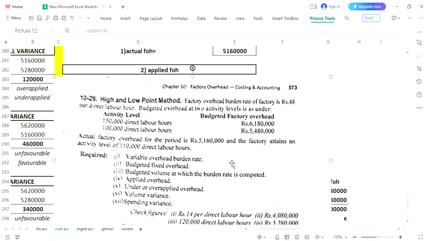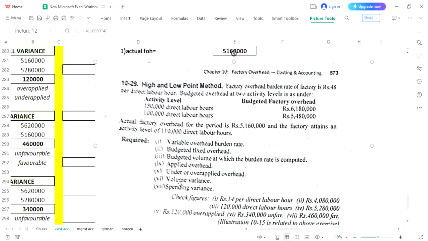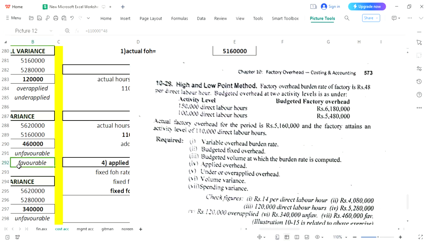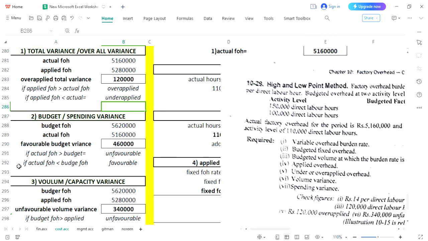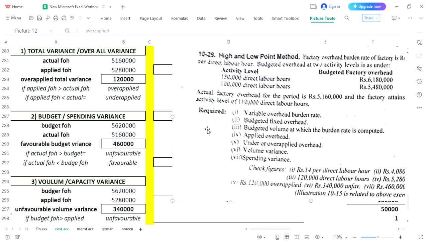You can see that applied FH is used in calculating over or under applied variance. So we will go to the left page, where we have calculated all the variances, so you can understand where each element is calculated. Total variance, the fifth requirement, was under or over applied, and the fifth requirement is over here, 1,20,000 over applied.